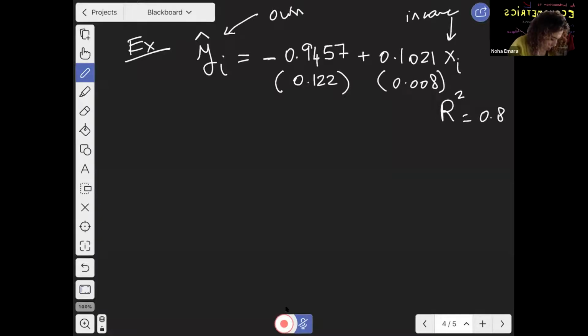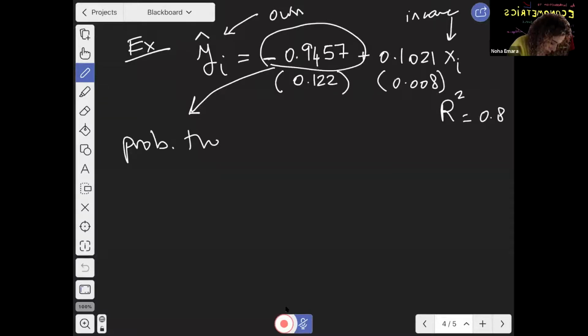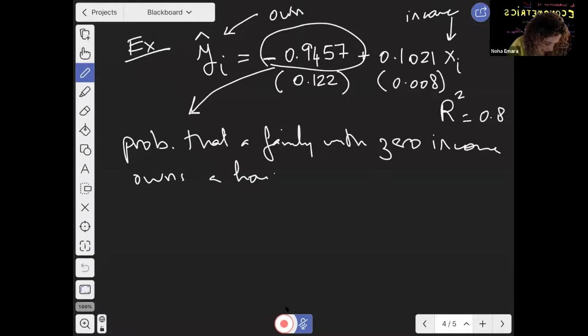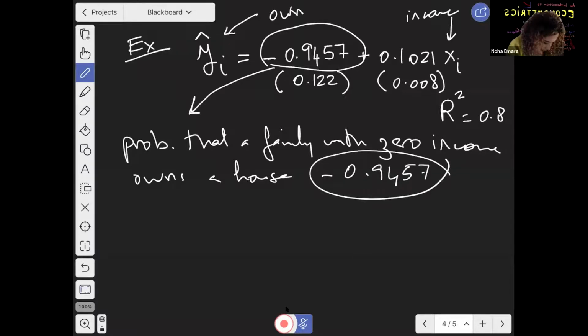So this one gives me the probability that a family with, you know this already, 0 income owns a house, right? Since this probability can never be negative, and this number is negative 0.9457, what can I tell about a probability that is negative?